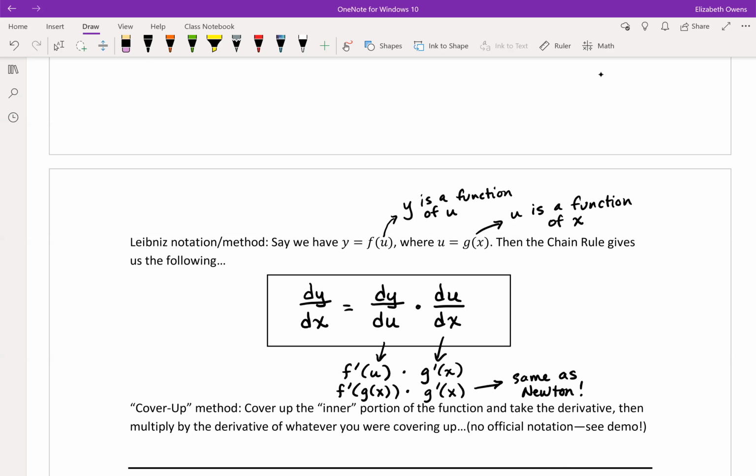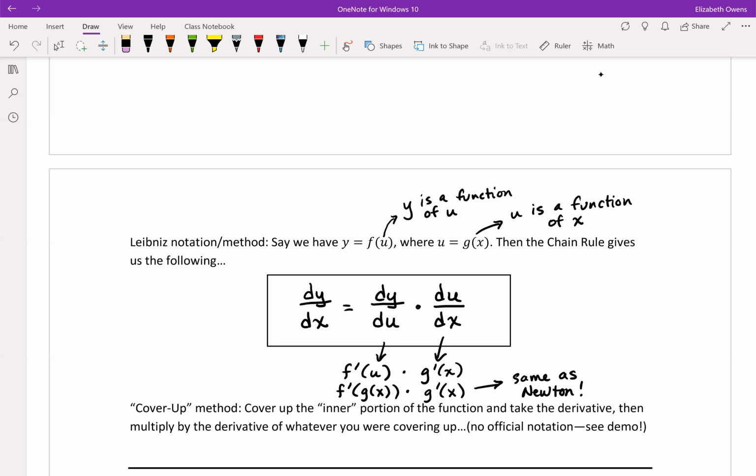But the idea is you're going to cover up the inner portion of your function composition, take the derivative of the outer part, and then multiply by the derivative of whatever you were covering up. So that's the derivative of the inside portion. So we are going to end up with this still f prime of g of x, g prime of x type of setup. It just doesn't rely quite so much on notation.